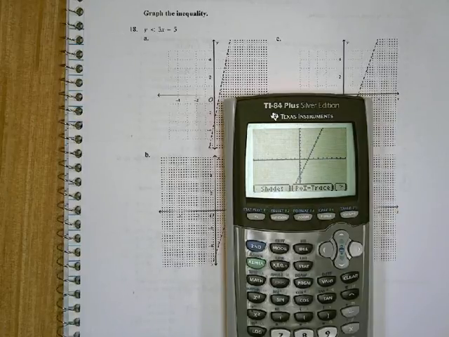Now, y'all know that greater than and less than means you're going to do some type of shading. So you've got the line drawn that says y equals 3x minus 5. You're either going to shade above the line or below the line, whichever side makes the inequality true.